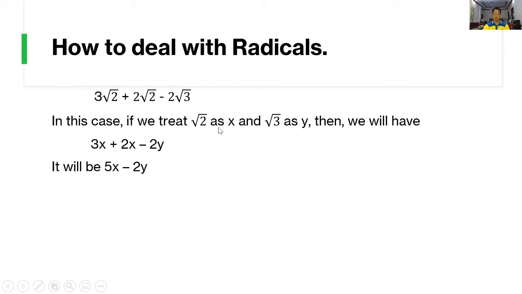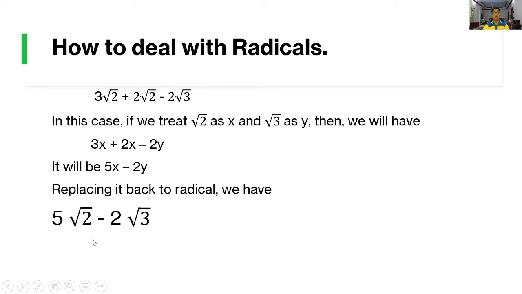Ano nga yung x? Square root of 2. Ano nga yung y? Square root of 3. So if we will be reverting it back to radicals, we have the final answer, 5 square root of 2 minus 2 square root of 3. Hindi mo na siya pwedeng pagsamahin kasi magkaiba yung radicals niya. This will be our final answer.